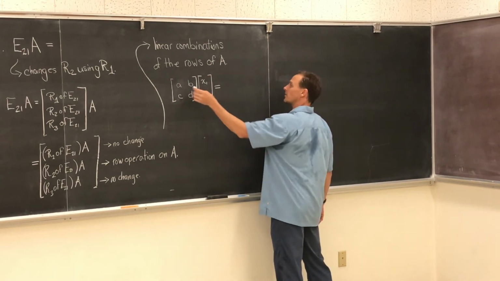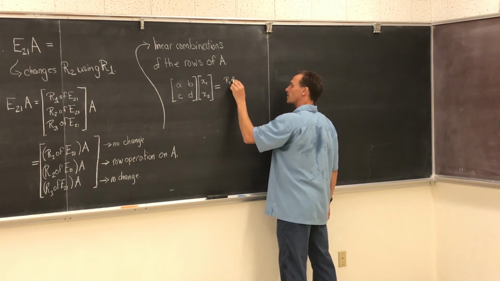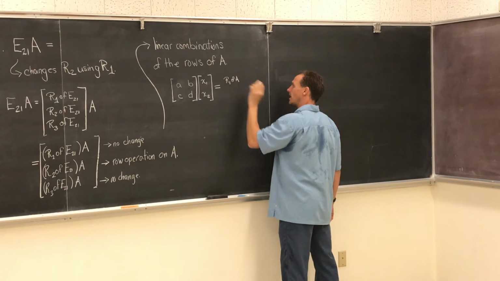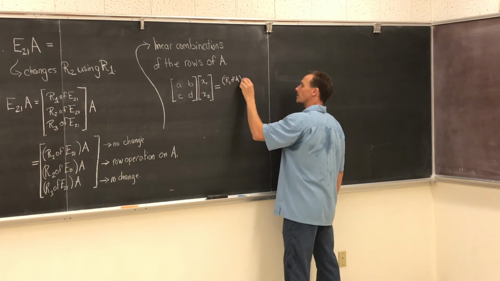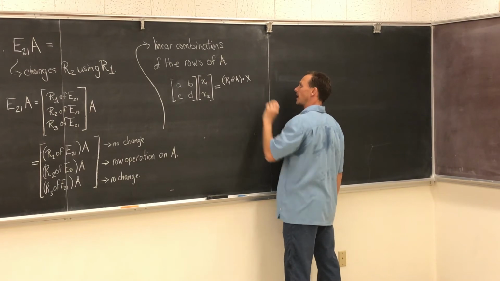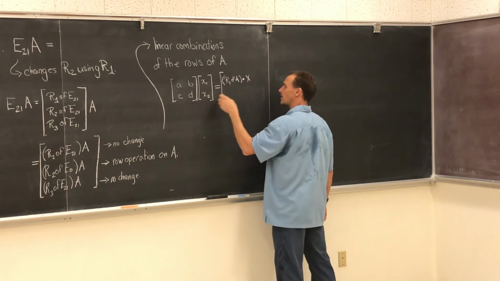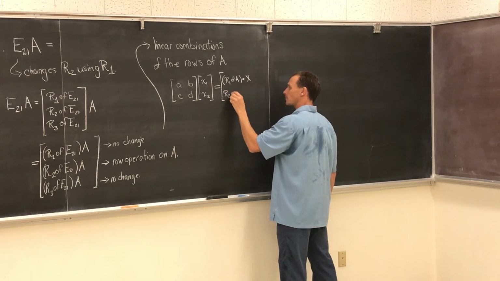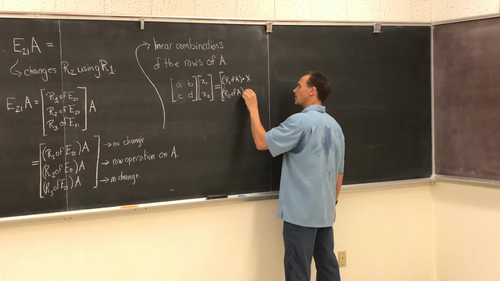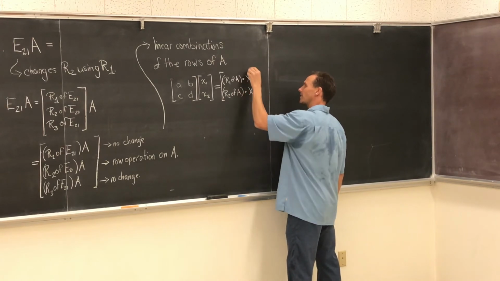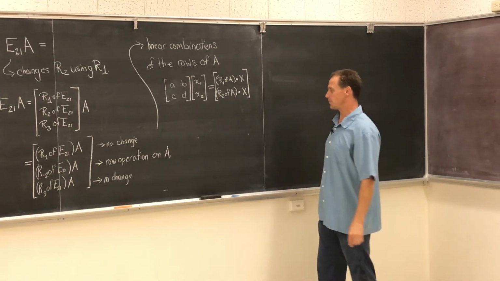In other words, this is row 1 of A dotted with X. And then the next entry here is row 2 of A, again dotted with X.